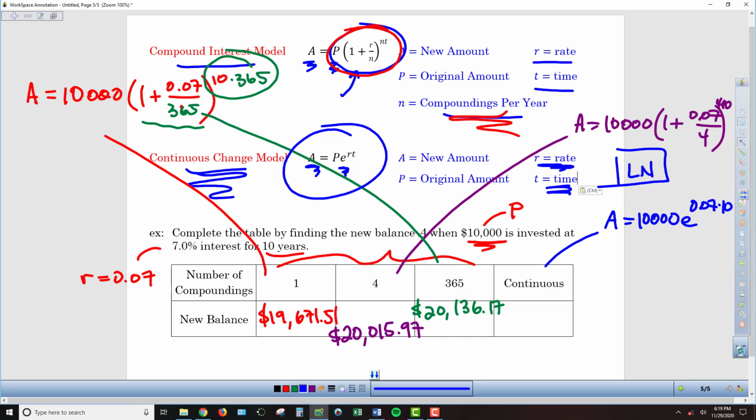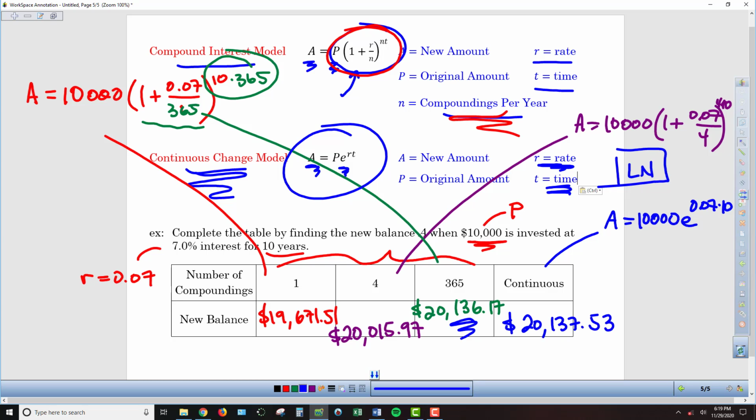So you can see there's no N in this calculation because that's taken care of by E for this continuous change model. And so if we push buttons on our calculator to generate this result, we end up with the best possible scenario of $20,137.53.